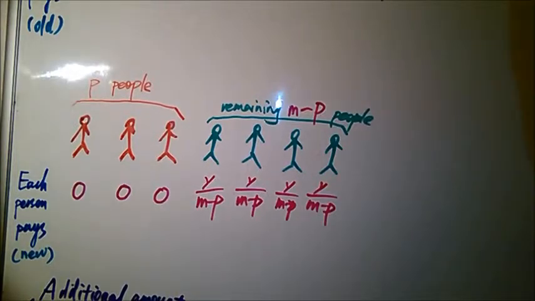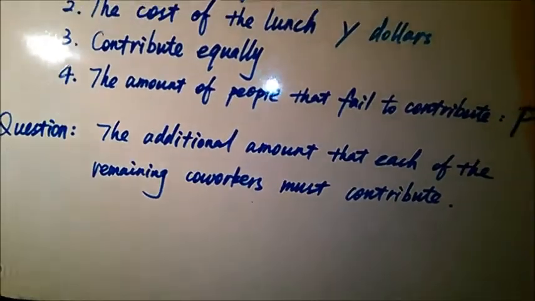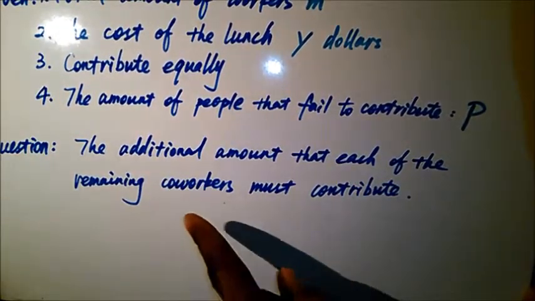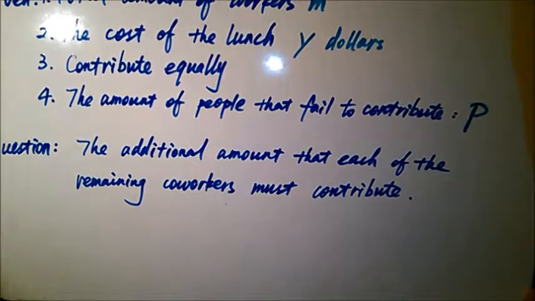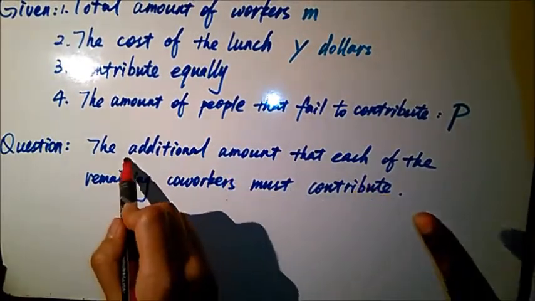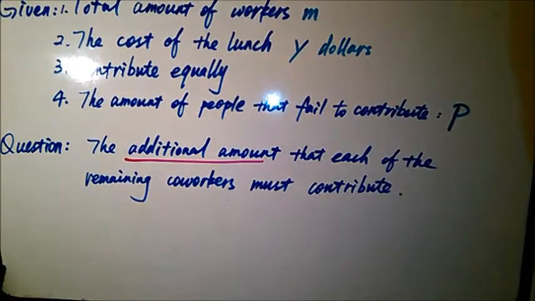Now the question asks us the additional amount that each of the remaining co-workers must pay. And the key is here, what is the additional amount that each of the co-workers must pay?